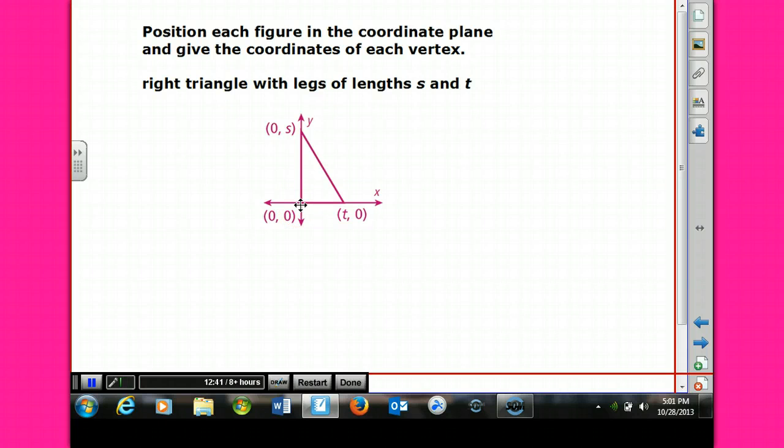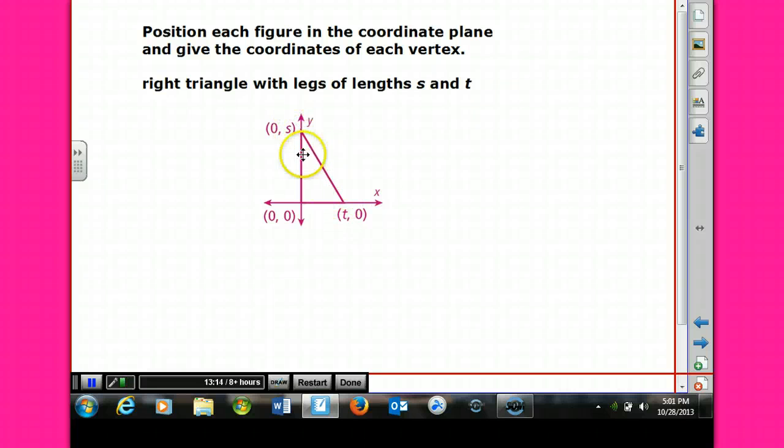Let's imagine one leg of length S and the other leg of length T. If you called this side length S, then you would have the coordinates (0, S): walk nowhere, fly S. And if you label the lower leg as T, then you would walk T and fly 0. So (T, 0) would be the vertex.